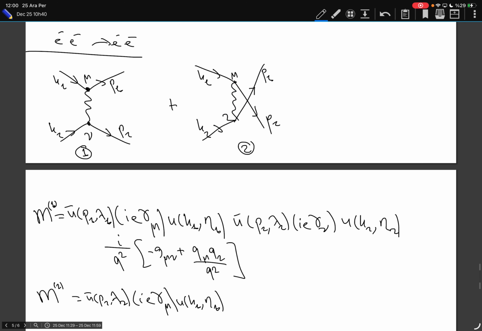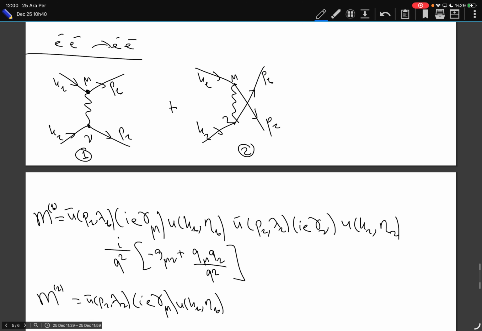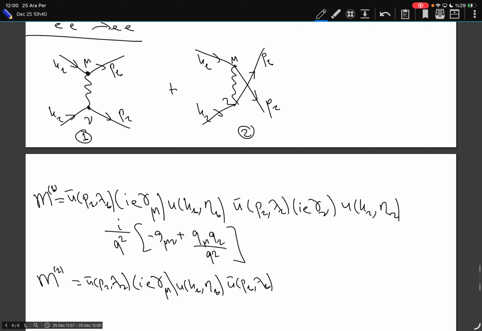Now I have the other fermion line. Again, I start from the end. There's an outgoing electron, U bar P1, lambda 1. I have this vertex here, which is IE gamma nu. And then I have the incoming electron, which will have the factor U, K2, eta 2. And again, I have the photon propagator. Let me call this Q prime.